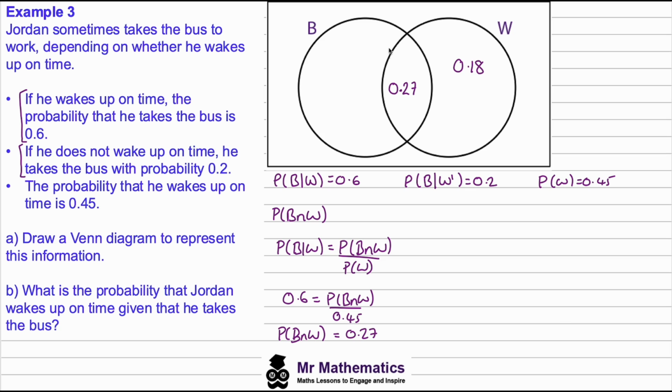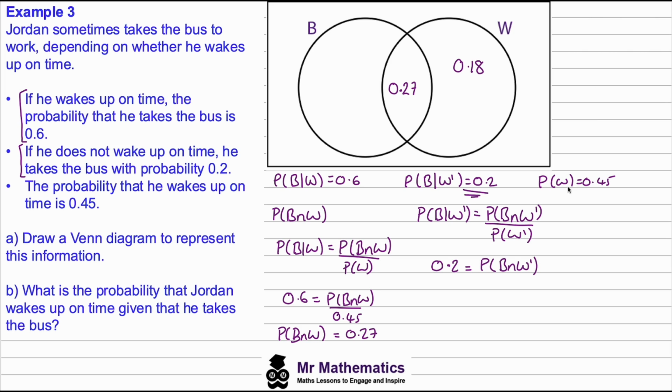And then we need to work out this region, B intersecting with not W. And we can do that using this. This will be equal to B and not W over the probability of not W. Well, we're given this one as 0.2. We want to work out our numerator.